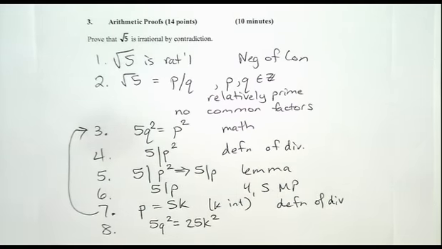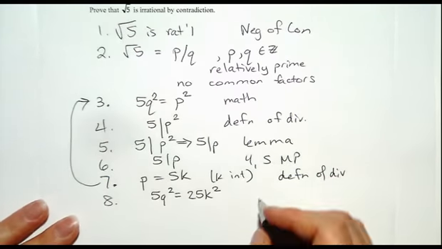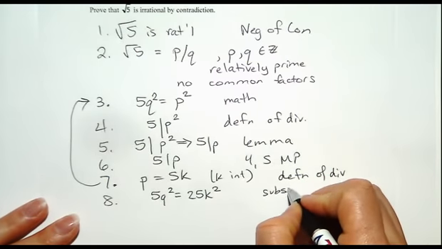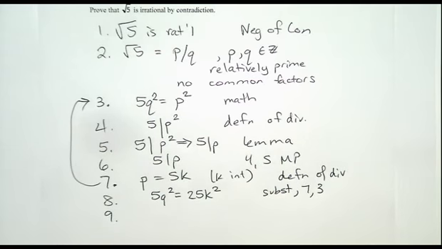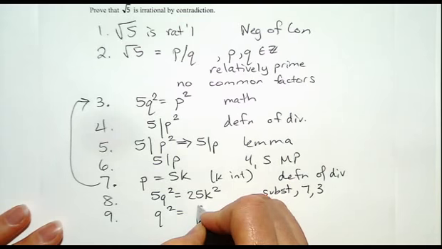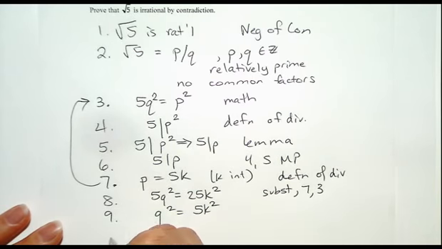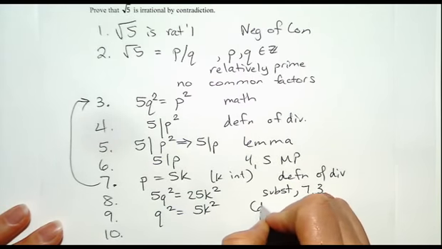So I have to square P to get that. So that was substitution with line 7 and 3. So now I get Q squared equals 5 times K squared just by dividing out a 5.